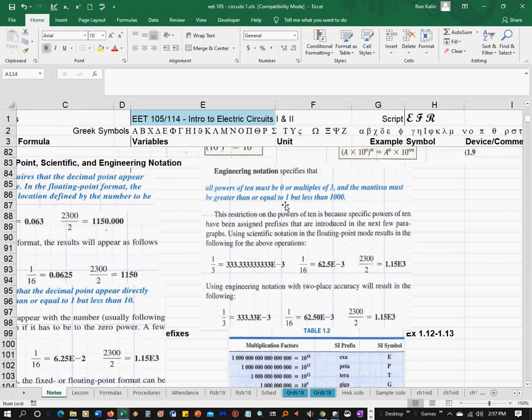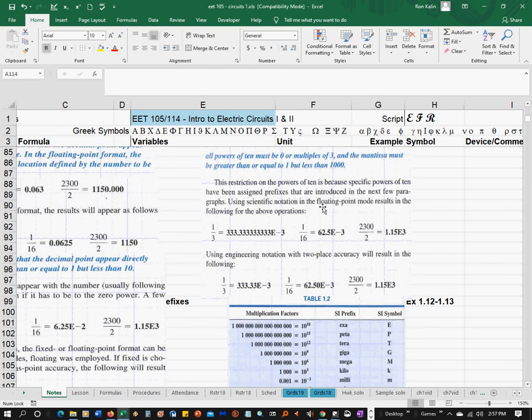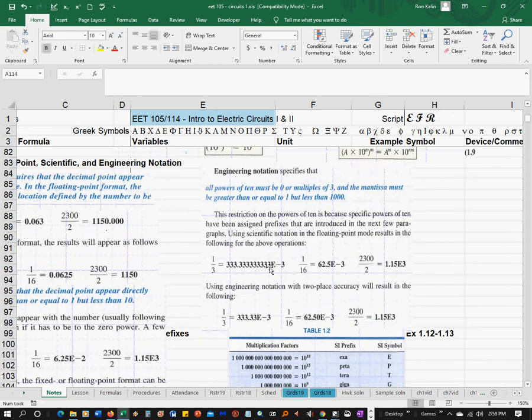It's just a rule of thumb, but it's definitely not exactly right, because they're showing you that the mantissa is this number here, 333.333333, or the 62.5, or the 1.15. Notice that they're always greater than 1.